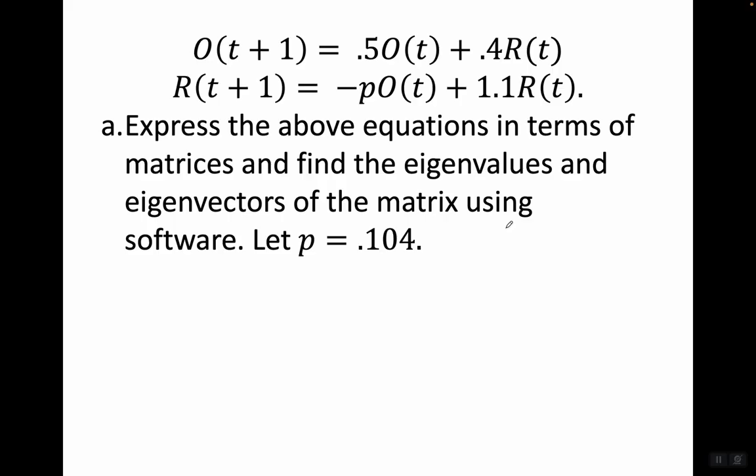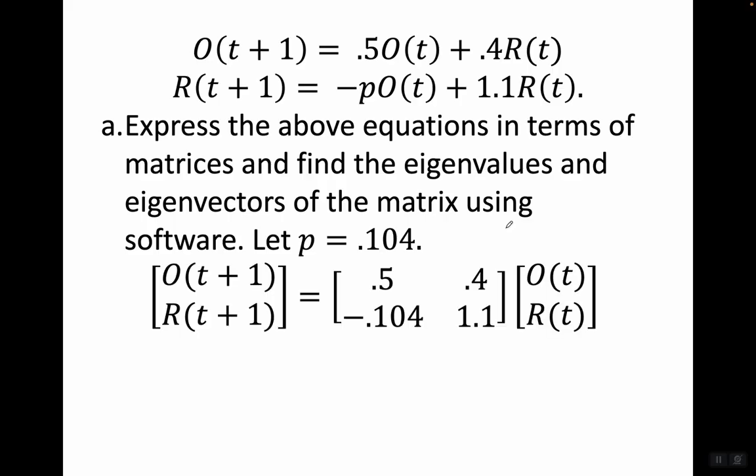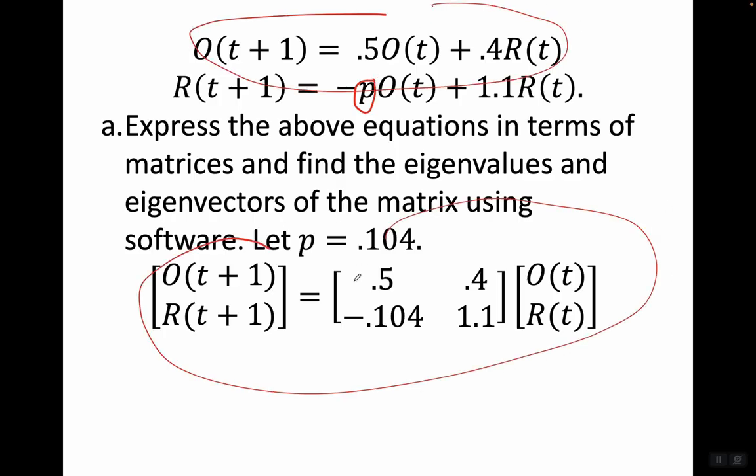Express the above equations in terms of matrices and find the eigenvalues and eigenvectors of the matrix using software. Let p equal 0.104. So when we plug in 0.104 for p, we can rewrite these equations as a matrix equation. When you multiply this matrix by this vector, the first row is going to be 0.5 O(t) + 0.4 R(t).